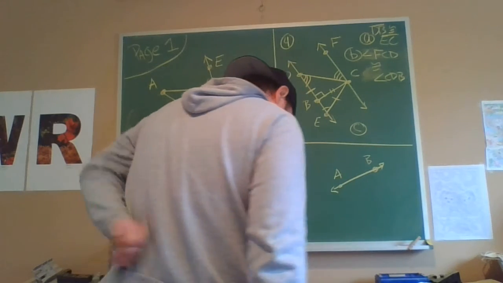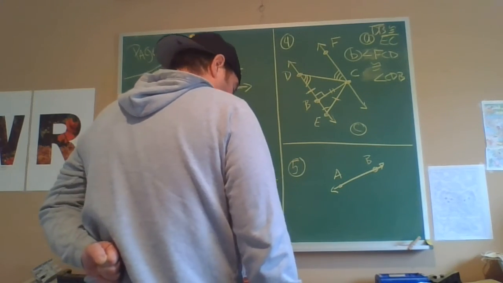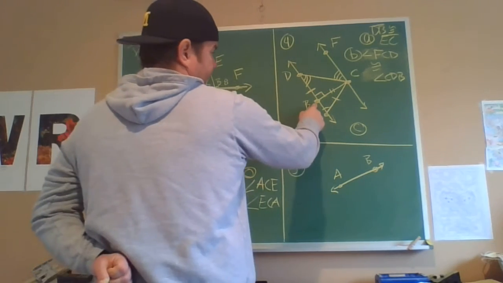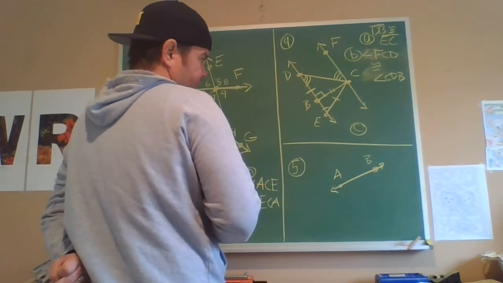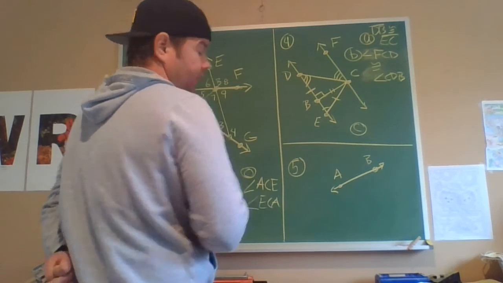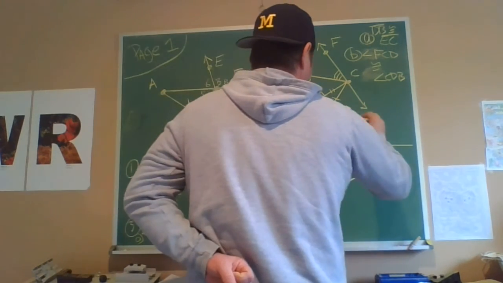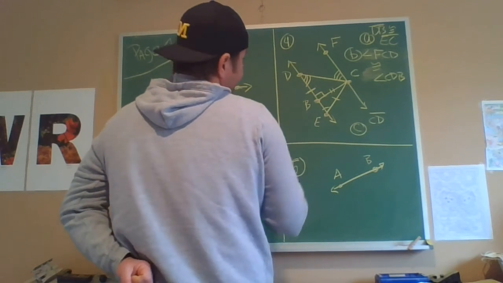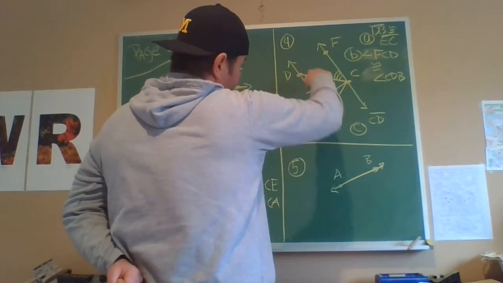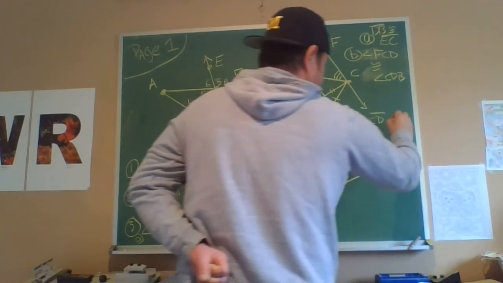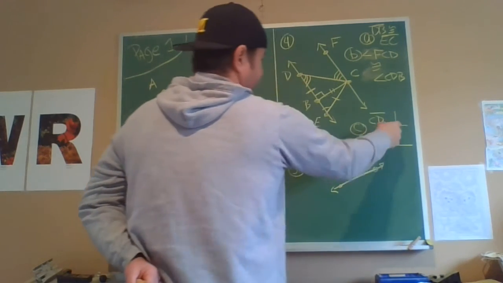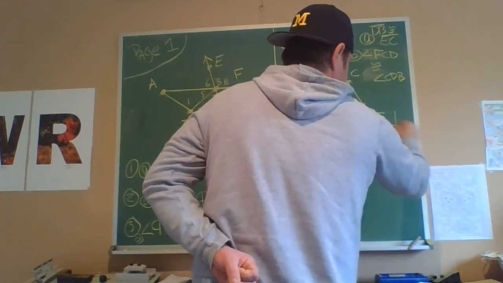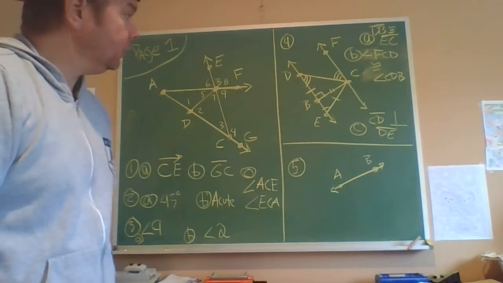Part C, what are the parts that are perpendicular? So there's a right angle happening right here at vertex B. What are the 2 things that are perpendicular that are creating that right angle? Well, that would be segment CD is perpendicular to, and I'll just say, this whole line, DE, right?